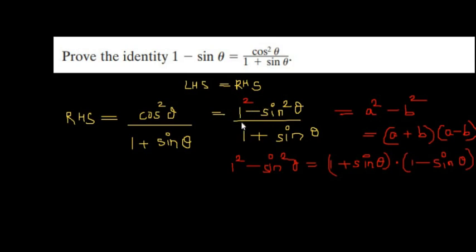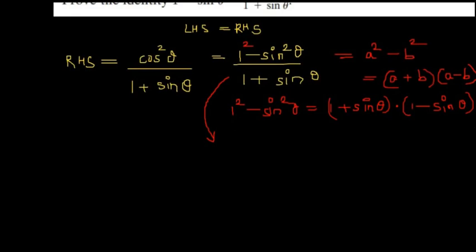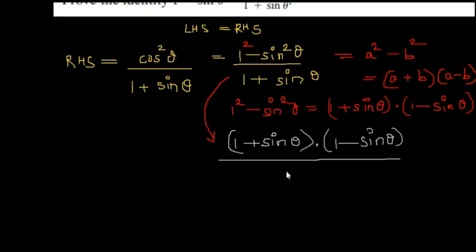So I'm going to split the numerator and write it as 1 plus sine theta times 1 minus sine theta over the denominator, which is 1 plus sine theta.